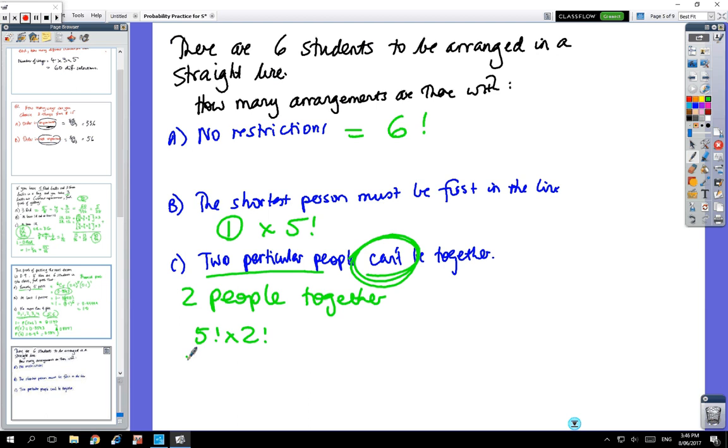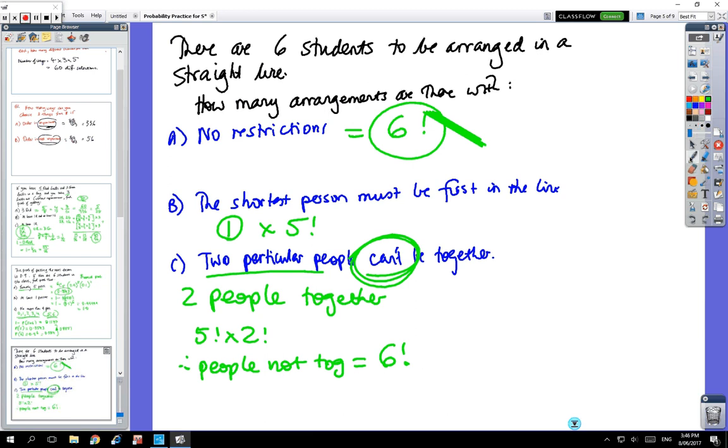So people not together is the unrestricted case, which is 6 factorial minus putting them together, so whatever that equals, that's the answer. Okay, so when you have can't, you do them together and then you subtract from the unrestricted.